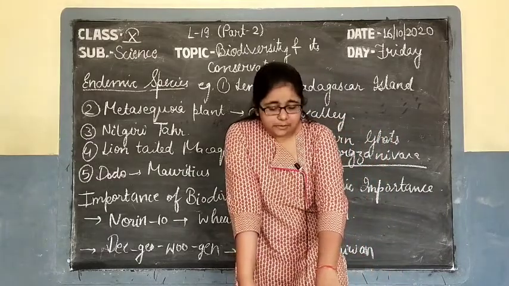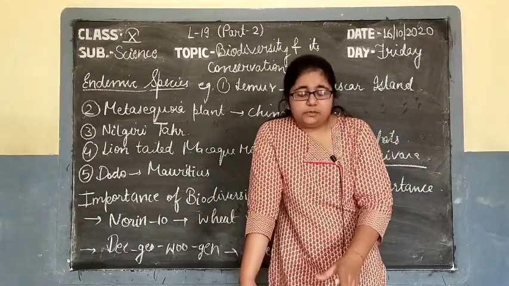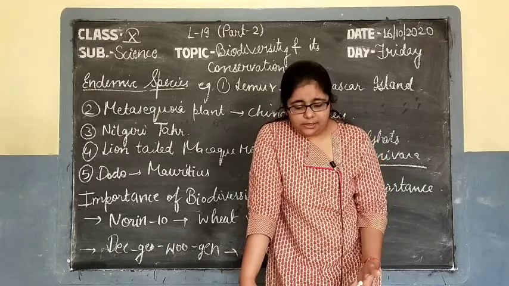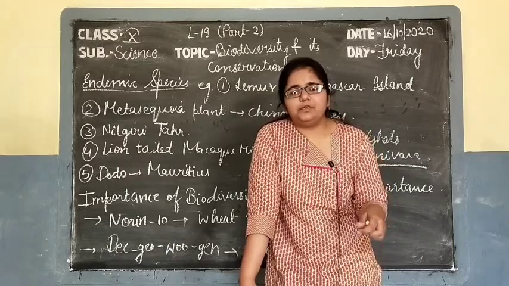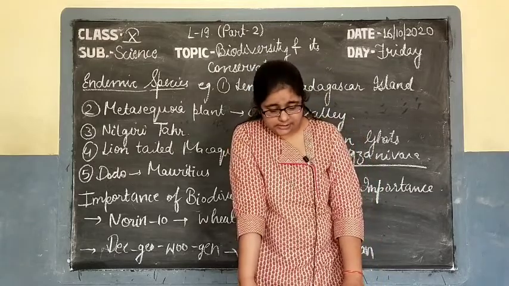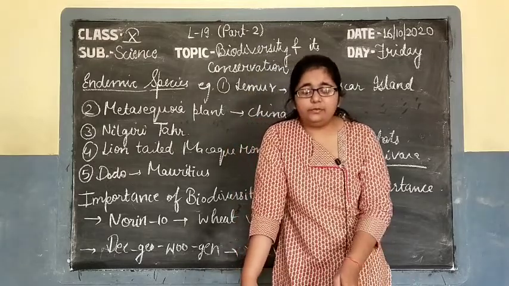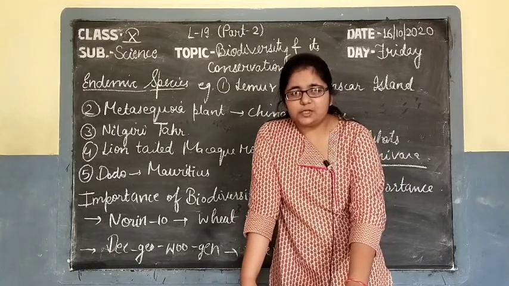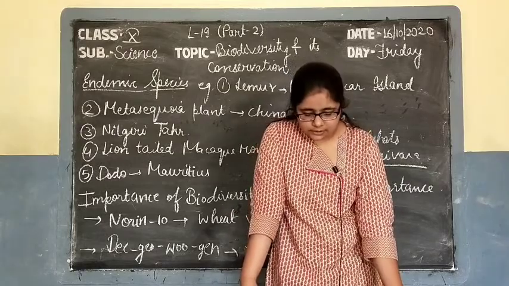So by using this wild species of the paddy, we developed several genes and varieties of rice which are resistant to the grassy stunt virus. If we can't develop such varieties, then there is a great loss in the crop.